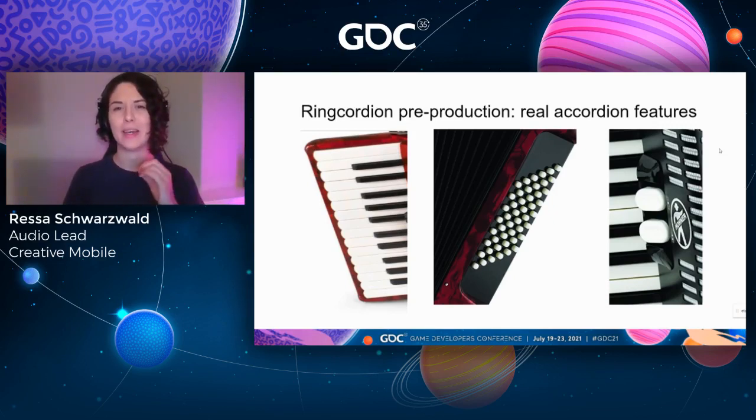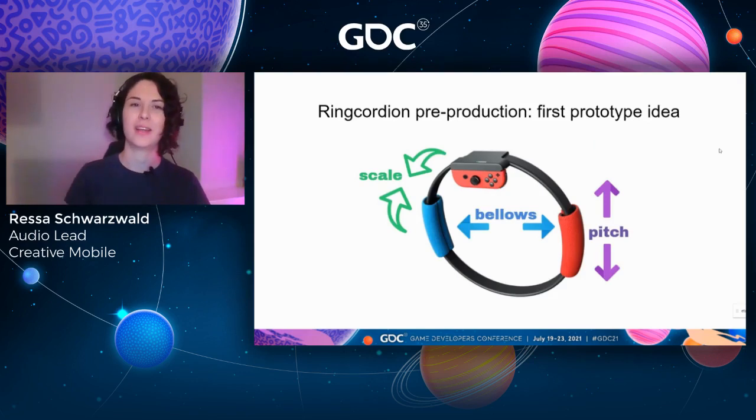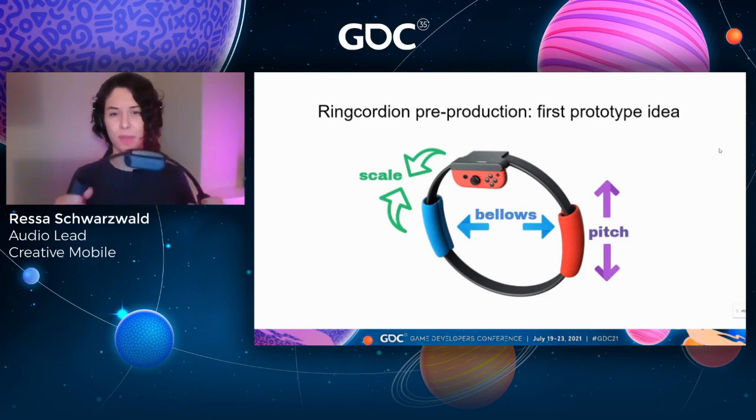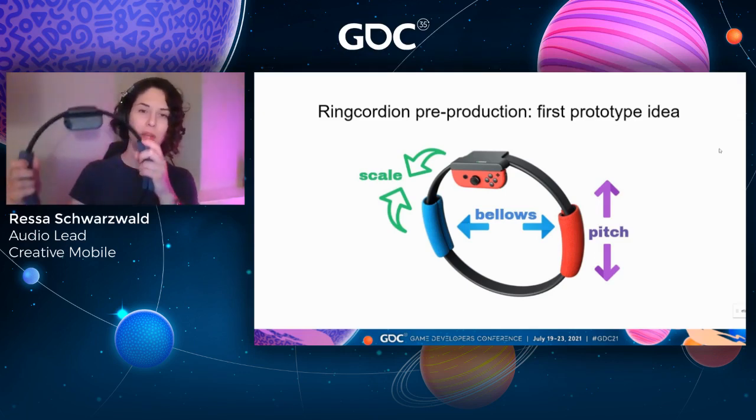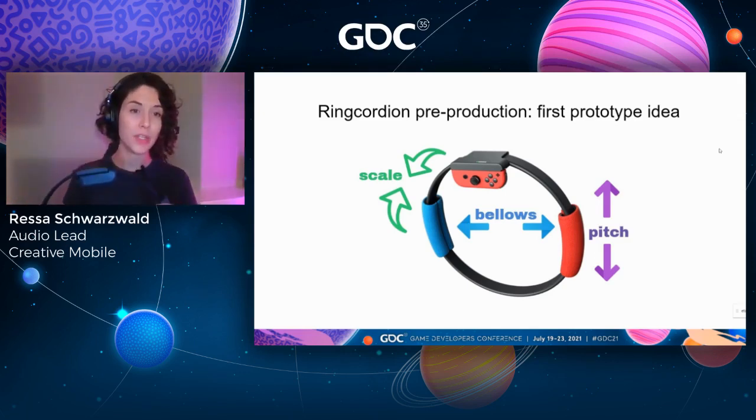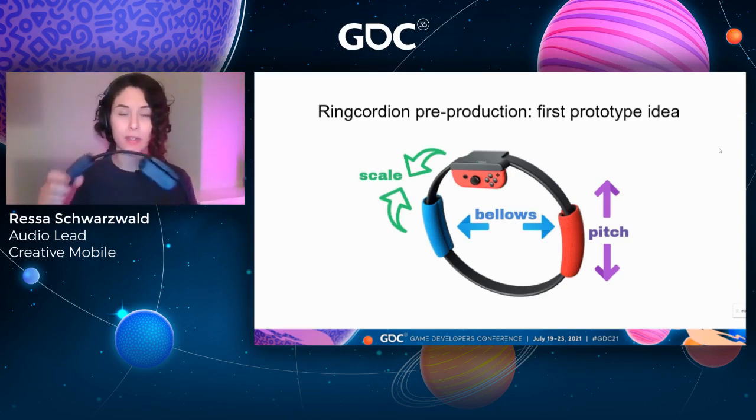And the third keyboard was for switching the timbre. So the idea of the first prototype I had in mind was featuring the bellows, pulling and pushing. Also, when you place the Ring-Con higher or lower, it changed the pitch, and if you rotated it over some axis, it changed the scale.